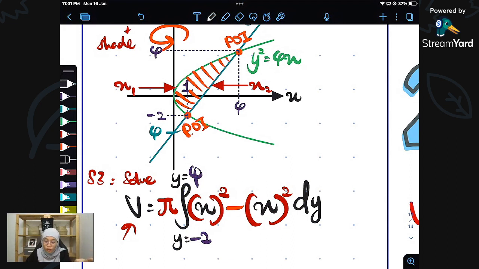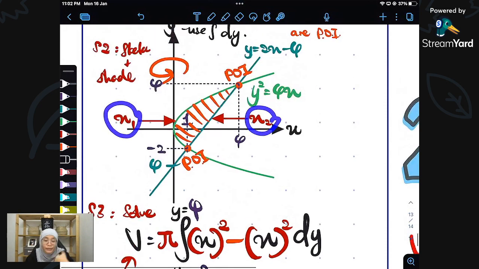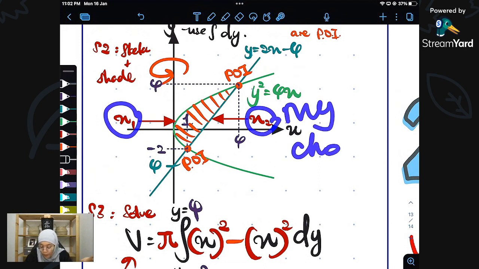So dia tak ada maksud tanpa nama. Nama satu ke, x1 ke, x2 ke, ataupun sini x2 ataupun sini x1, you know. There is no meaning without the name of x2 and x1. Sebab itulah dekat sini saya labelkan, saya yang labelkan. This is my choice, okay? In most of my videos I say this is my choice.